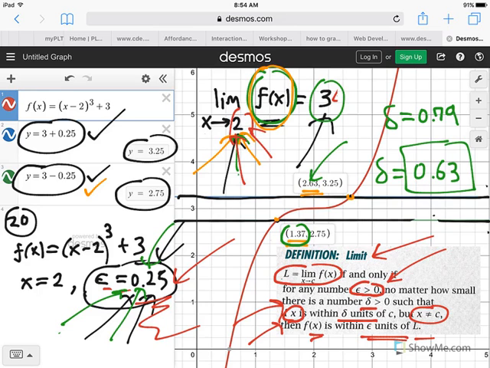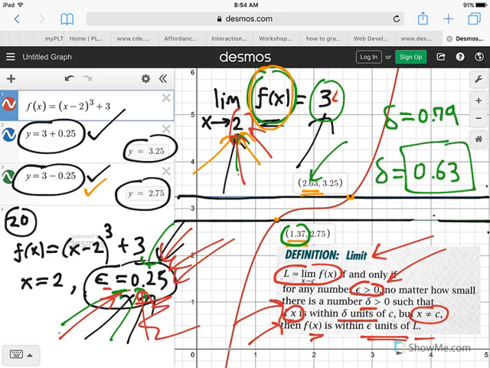So we're doing it graphically for certain values of epsilon, like 0.5 and 0.25, but if we can show algebraically that for any epsilon greater than 0, we can always find a positive value for delta, so that if input values are within delta units of c, the output values of the function will be within epsilon units of the limit, then by this definition, the limit exists.